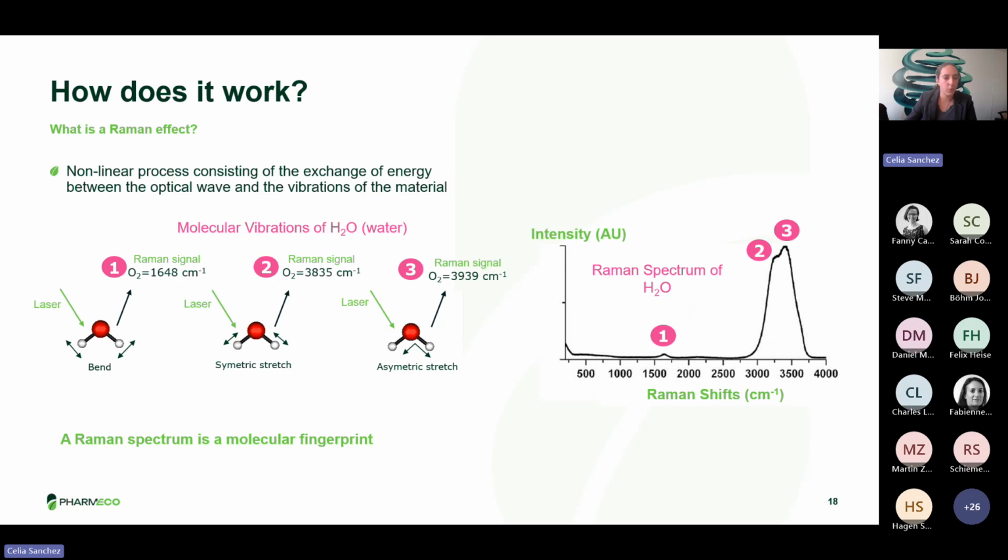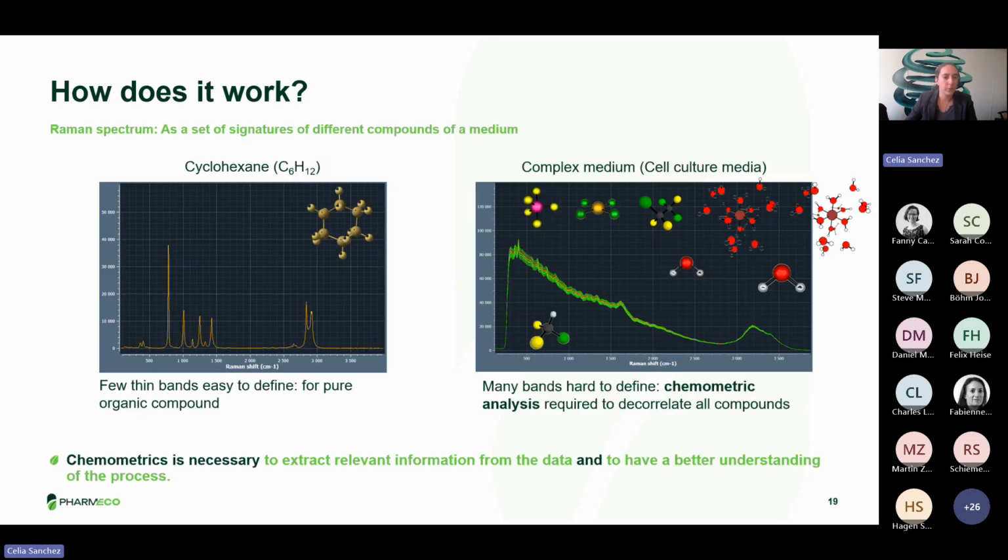So this is the spectrum of water. If we look, for example, at the cyclohexane molecule, here we analyze a pure organic compound in this media. So we have very thin bands, really easy to define, so this is easy to analyze.